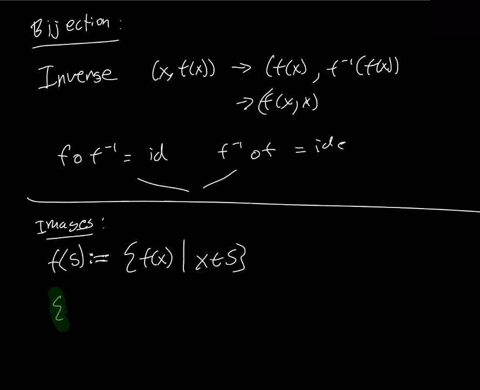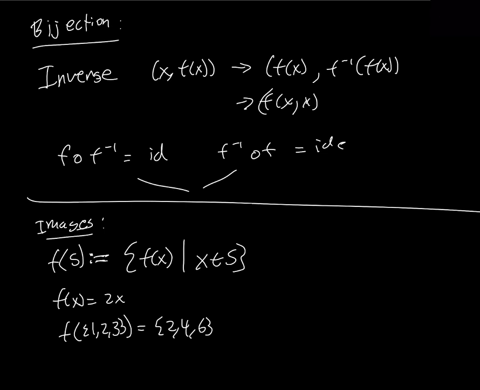So for example, let's say my function is the doubling function. Then the function of the set 1, 2, 3 gives me back 2, 4, 6. It tells me where the set in the domain will lie in the range.